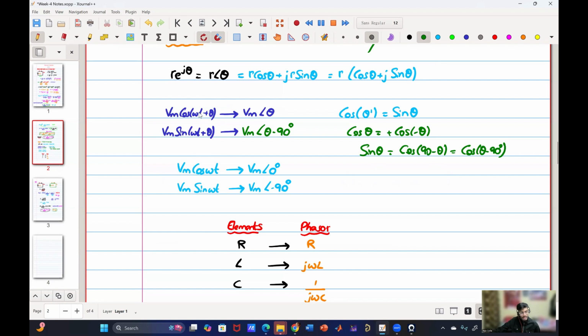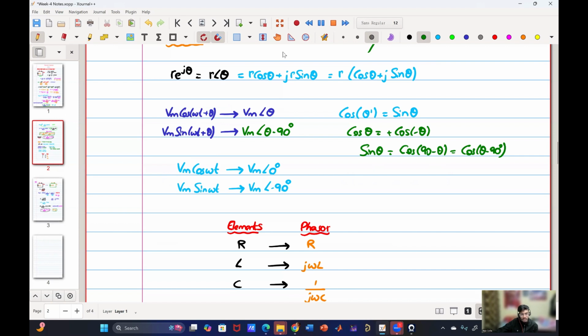But it has omega t plus theta, right? In phasor we will not write omega t, because in phasor there is no time domain expression. So we remove the time domain expression and directly write theta. Whereas if it is sine omega t plus theta, then I can write sine of omega t plus theta as cos of omega t plus theta minus 90 degrees. So I am basically writing theta minus 90 degrees.